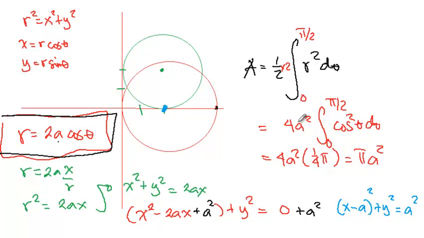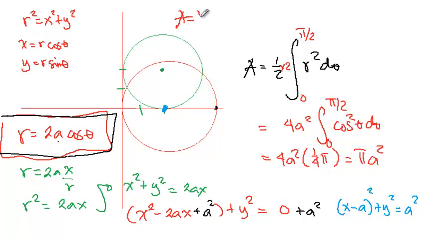If we do 0 to pi, we no longer have to multiply by 2. Okay? So if we do 0 to 2 pi, it will be like this.